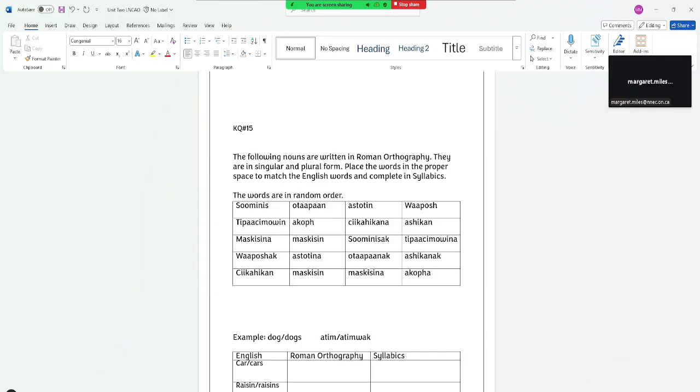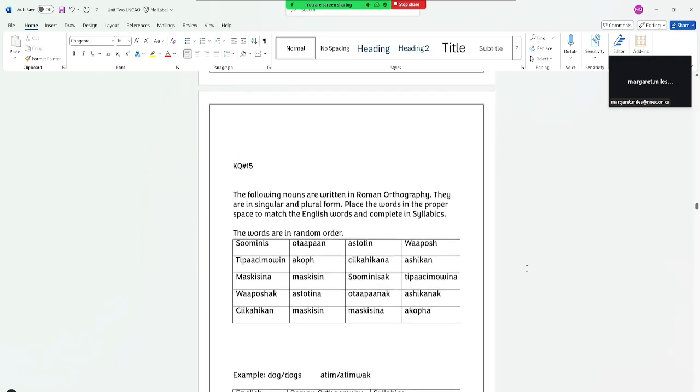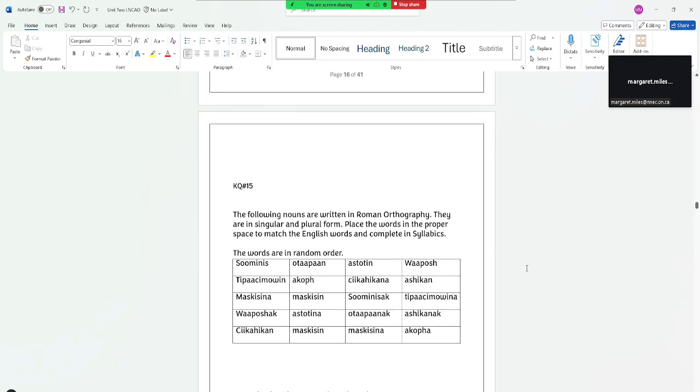Chikahigan, axe. Utapan, vehicle or car.